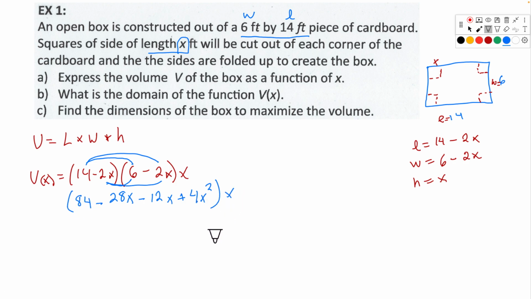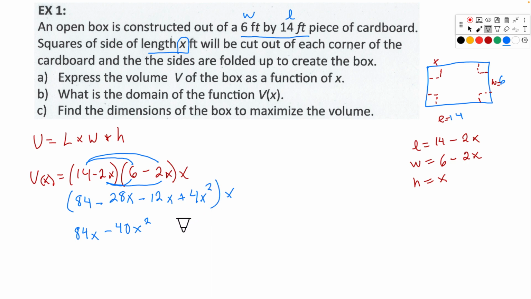All of this times x. I will simplify, and at the same time I'm going to distribute this last x. So 84 is by itself, so I'll call that 84x. Negative 28, negative 12, that's negative 40x, but then this x comes through and we get an x squared, right?